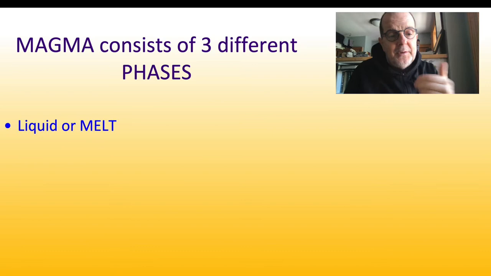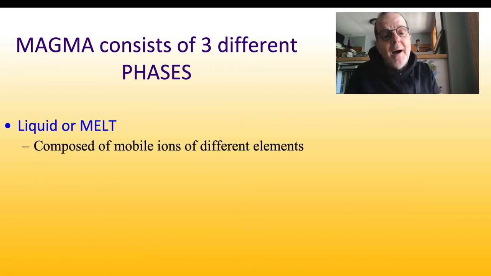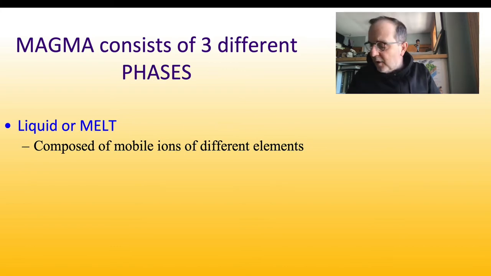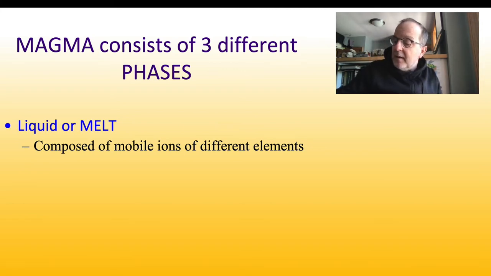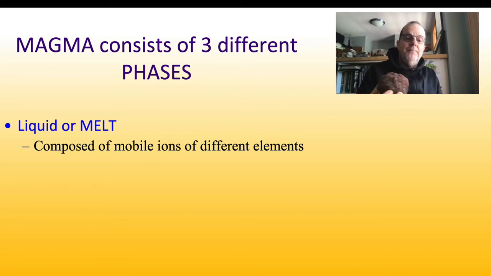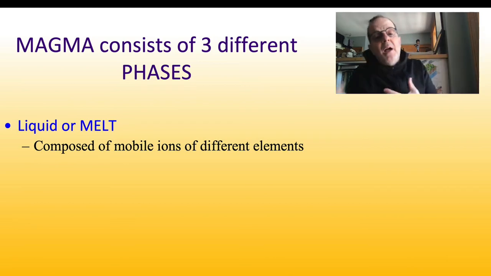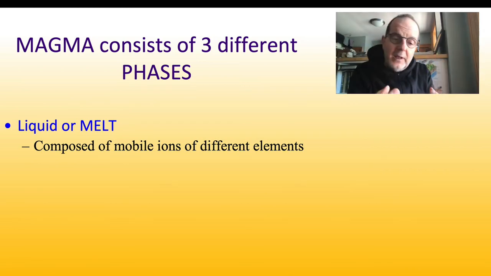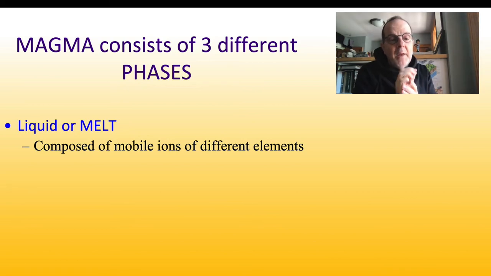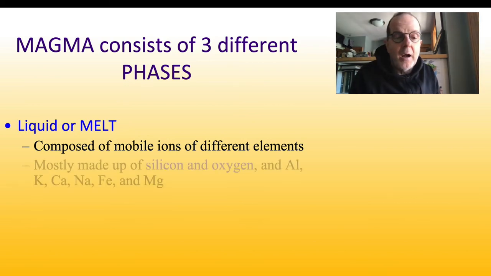Liquid, or the melt, is composed of mobile, that means they can move, ions of different elements. So you can have ions of iron or magnesium and silicate that are in the melt, and slowly by cooling, or quickly by cooling, become a mineral that makes up a rock.